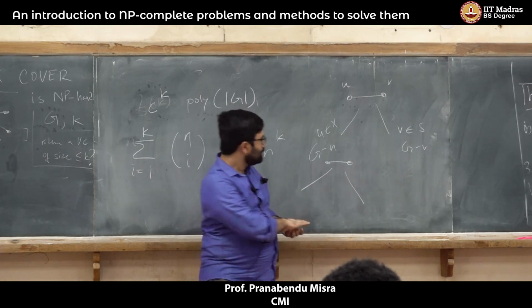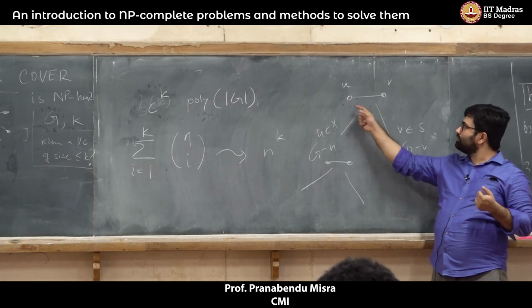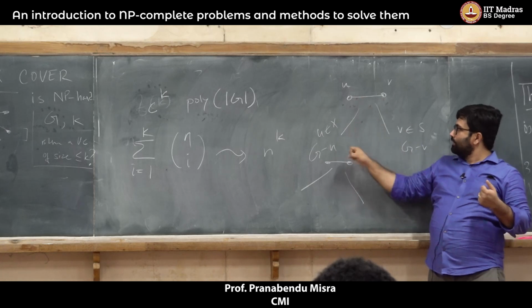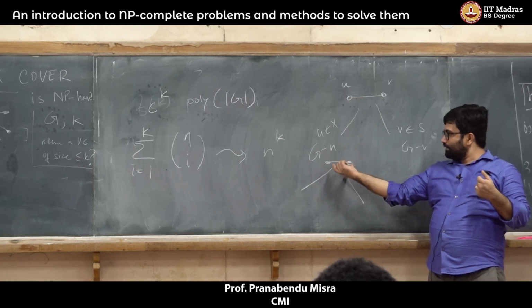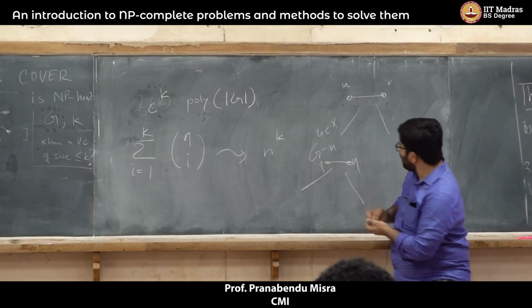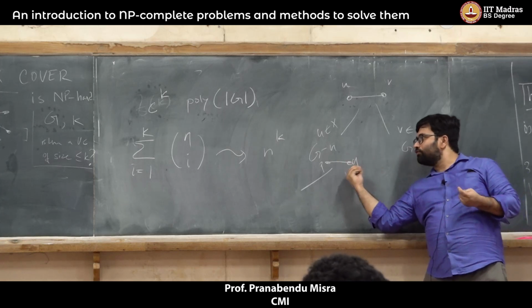Why? Suppose I magically knew that solution. Then that solution contains one of the endpoints of this edge, so I take that endpoint. After that, there is another edge, say PQ. So either P or Q is in the solution, and whichever one is there, I follow that branch.